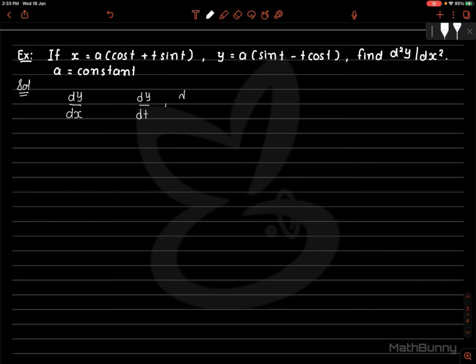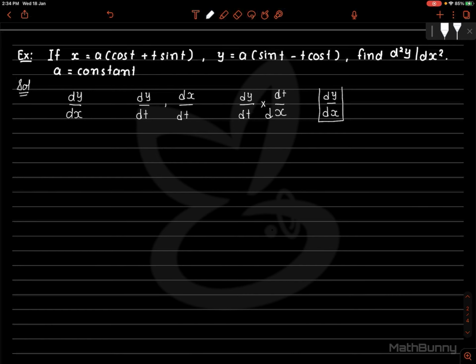Then we will find dx upon dt. And now we will multiply dy upon dt with dt upon dx, and we will get dy by dx.